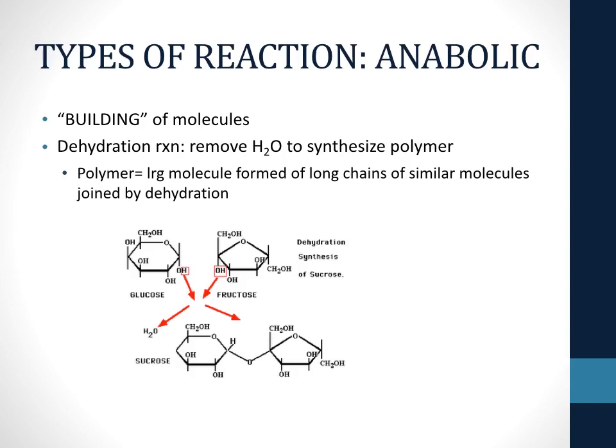So if it's like sugar, we have a monosaccharide, one sugar, a disaccharide, two sugars, a polysaccharide, three sugars. If it happens to be a fat glycerol, a monoglyceride, one fat chain, a diglyceride, two fat chains, a triglyceride, three fat chains.